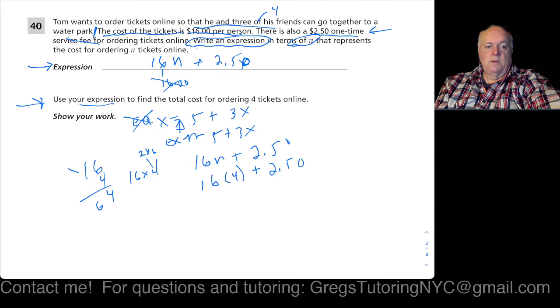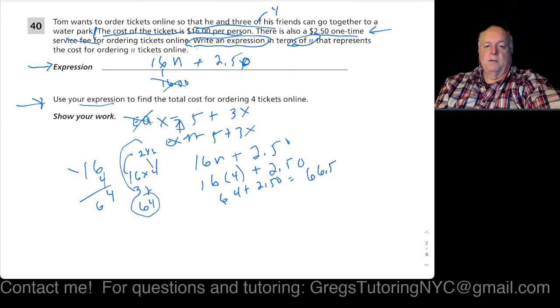That means 16 times 2, we're going to double it and get 32. We're going to double it another time and get 64. So there are ways to do this that are not too bad. So we're going to get 64 plus 2.50 equals 66.50.